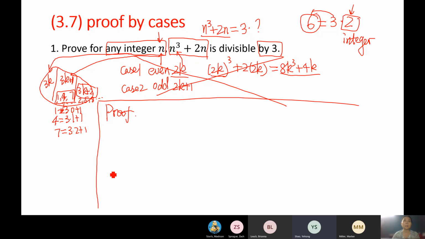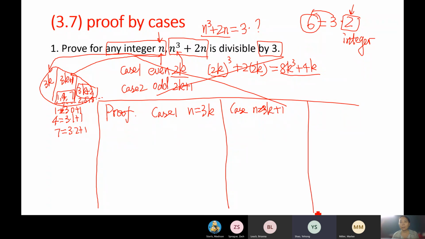Most students did this right. Because I cannot prove it directly, I'm going to prove by cases. Since n is an integer, we can divide n into 3 cases. n equals 3k, n equals 3k plus 1. There's a minor mistake in the multiplication process.